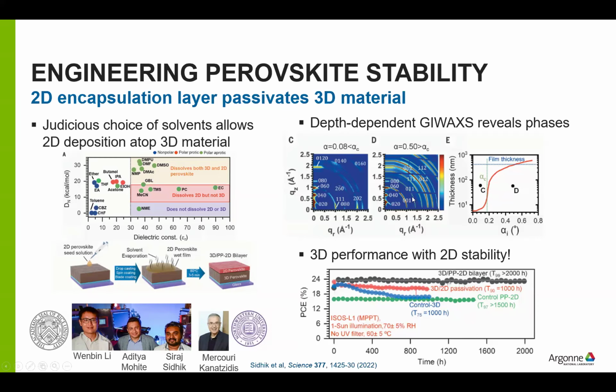Here you can see that varying the incident angle, GIWAXS confirms the presence of these two different phases on the surface and then in the bulk of the thin film.